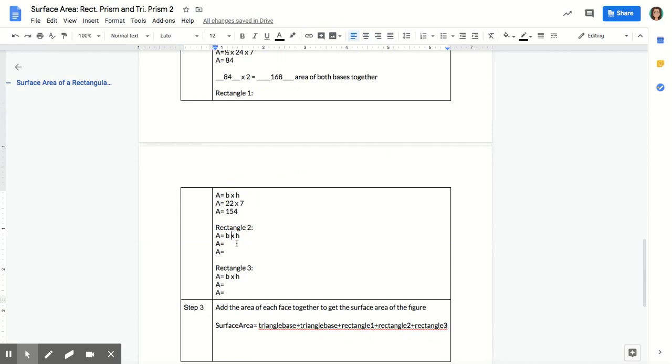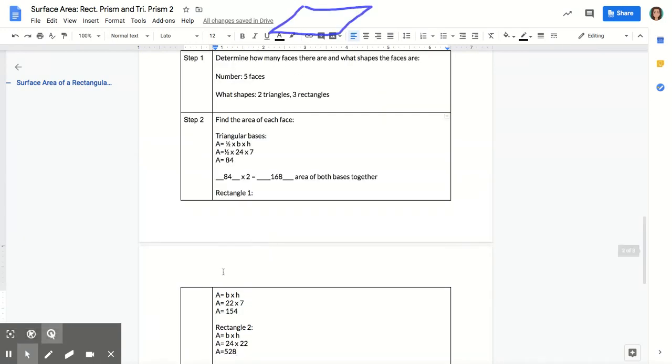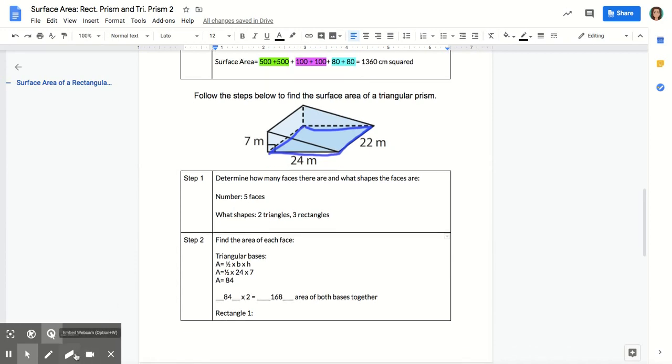So a base of 24 times a height of 22. We put that in a calculator. 24 times 22 is 528.